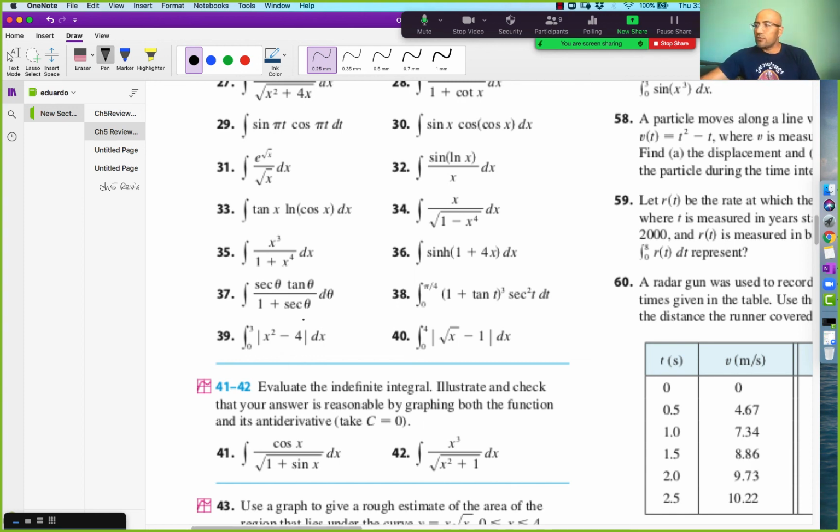We have this absolute value function that we want to integrate. What we want to be careful about is figuring out the regions that we need. Like, when will this make a difference for this function? So let me tackle number 39.